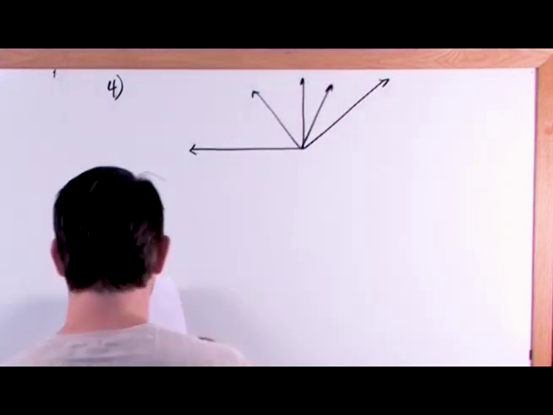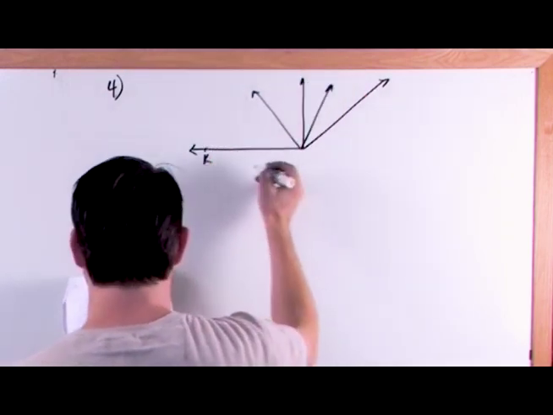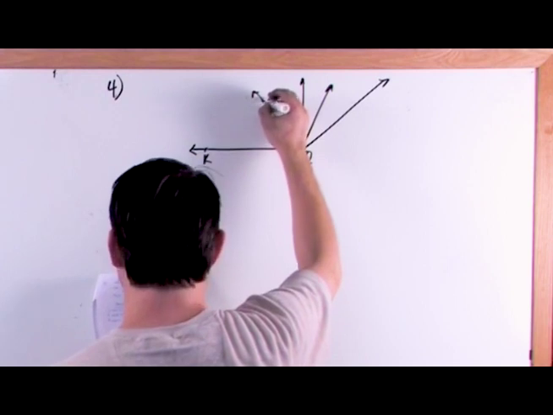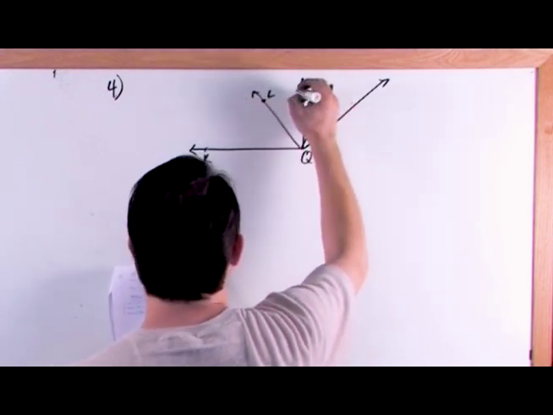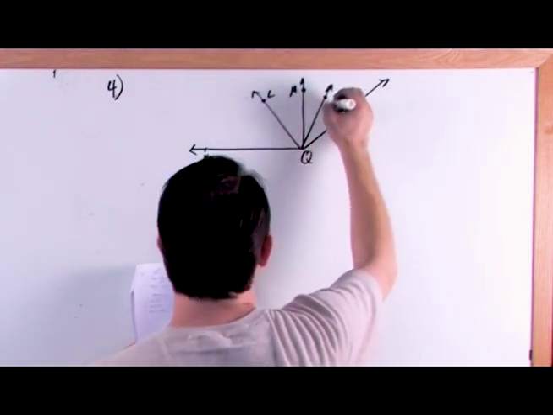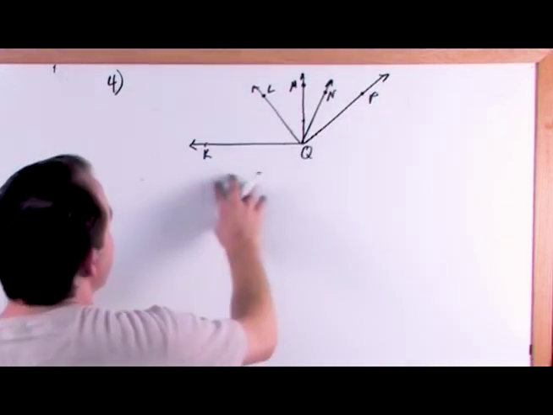I've got a bunch of rays here. And this is K, and this is Q, and this is L, and this is M, and this is N, and this is P. So here's your figure.